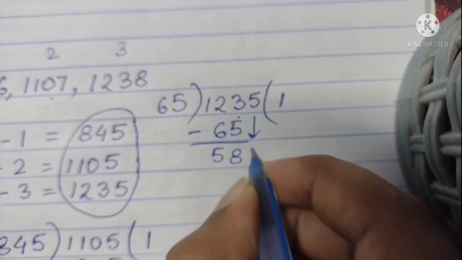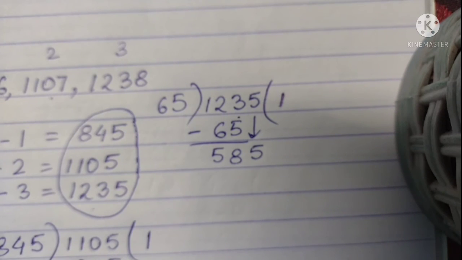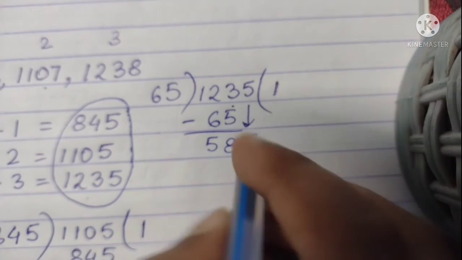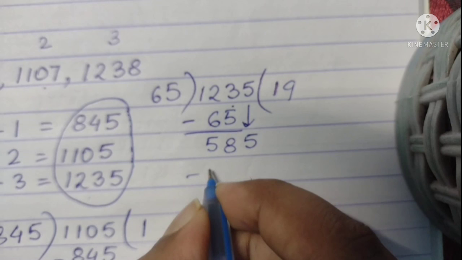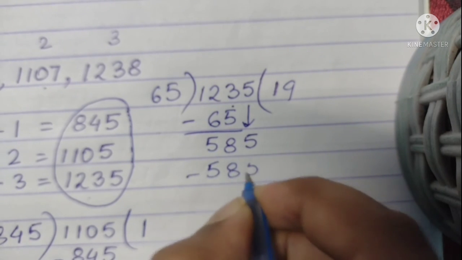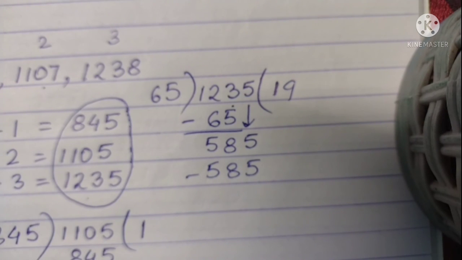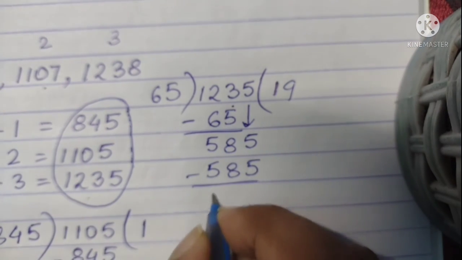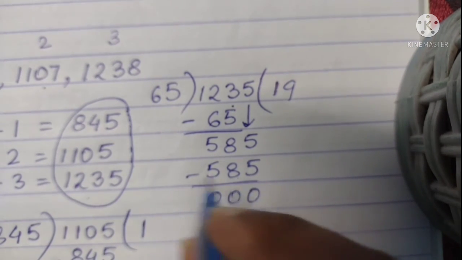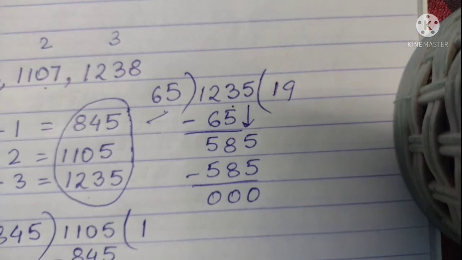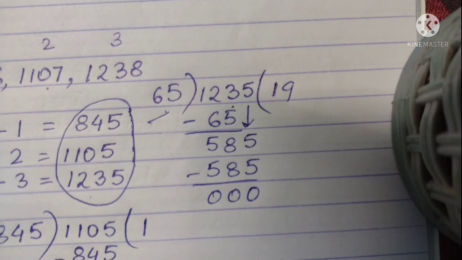Now bring the 5 down. Now 65 into 9 is 585. The difference is 0. Last divisor is 65, so the greatest number that divides 846, 1107 and 1238, leaving remainders 1, 2 and 3 respectively, is 65.